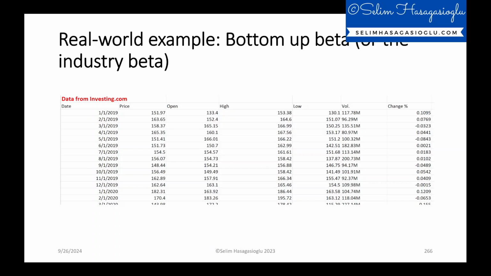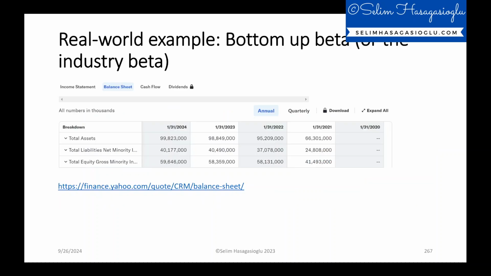on Salesforce stock. And of course, remember, we also need debt to equity ratios for these comparable firms. So basically, and it is the most practical, less time consuming way, we will be using total liabilities and total stockholders equity from the balance sheet of the company. We have this information for the last 4 years from Yahoo Finance.